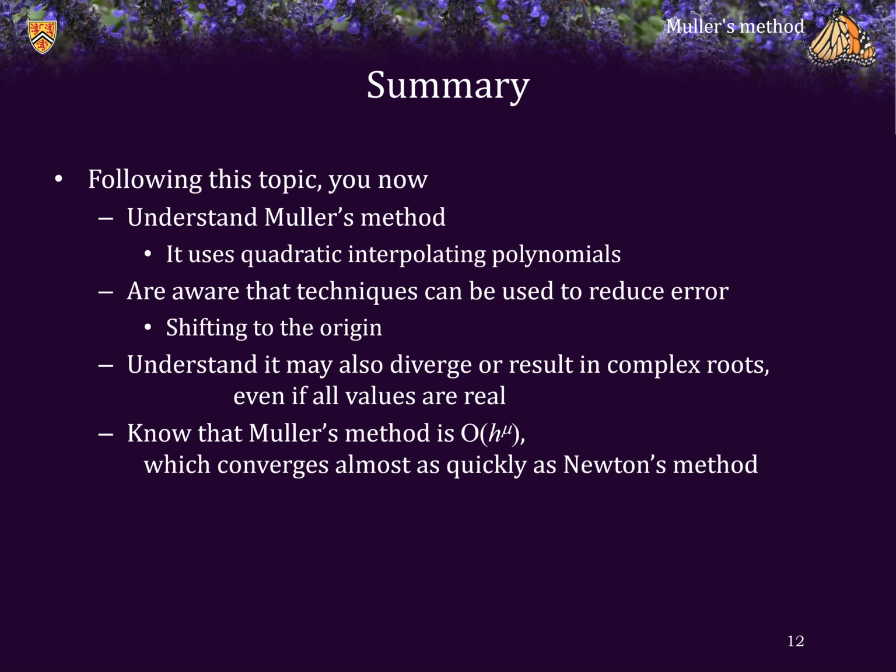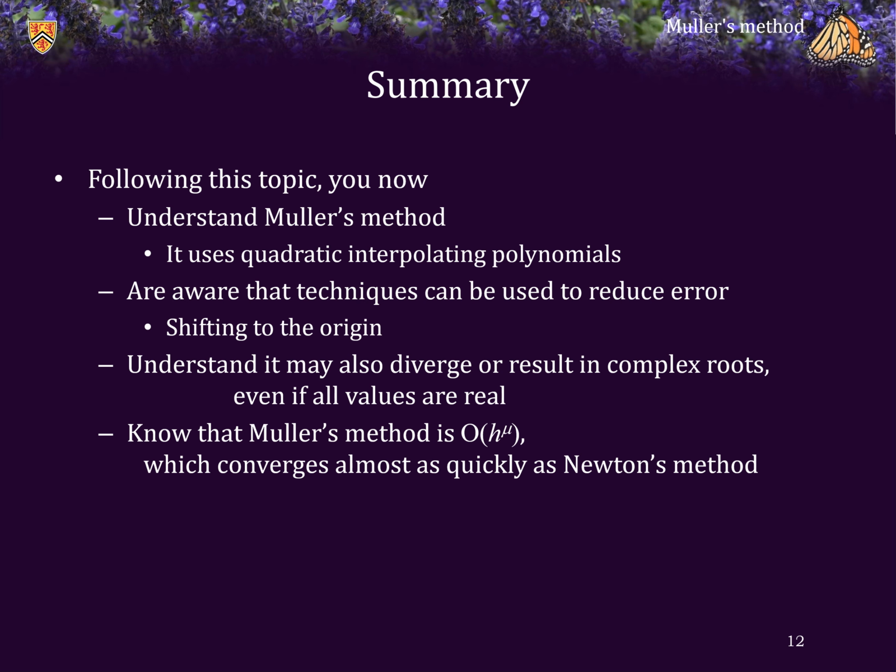So following this topic, you now understand Muller's method. Like secant method, it interpolates points, however, it is now using quadratic interpolating polynomials and finding the appropriate root thereof. You are aware that there are techniques that can be used to reduce the error, shifting to the origin and using the appropriate formula for calculating the root of a quadratic equation.